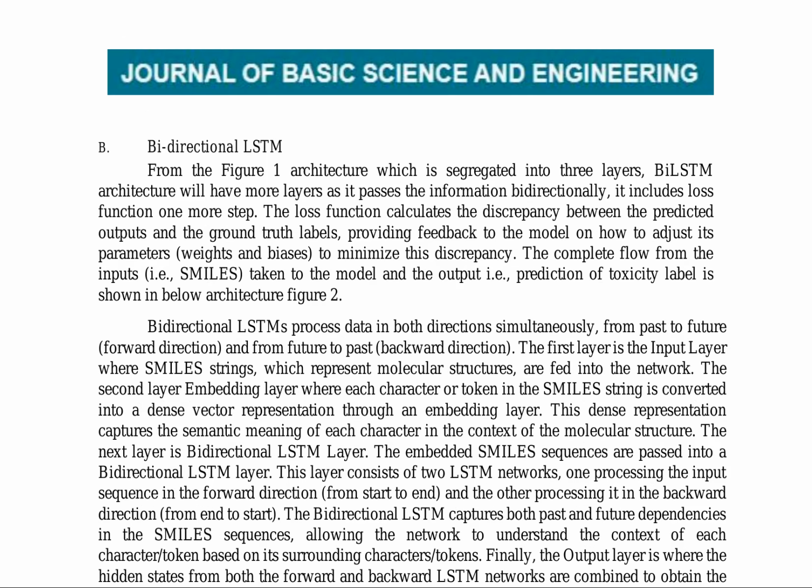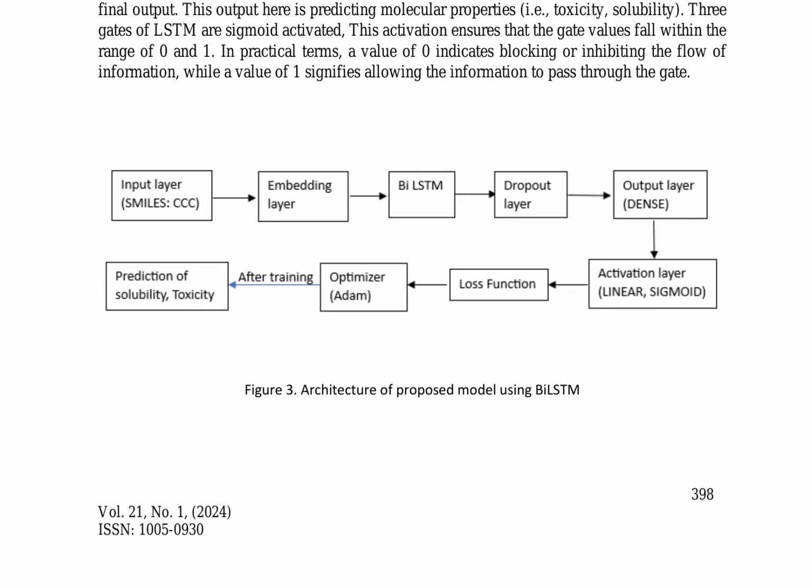The Bidirectional-LSTM architecture is designed to predict molecular properties from SMILES strings. It begins with an input layer where these strings are fed into the network. An embedding layer then converts each character into a dense vector representation. The BiLSTM layer processes the input sequence in both forward and backward directions, capturing past and future dependencies in the SMILES sequences.